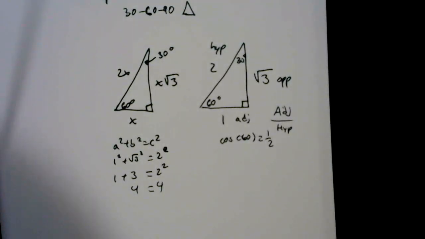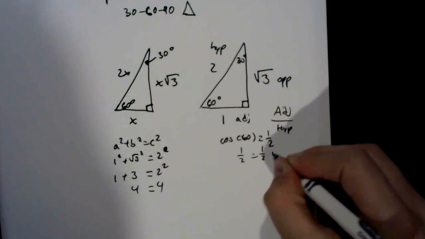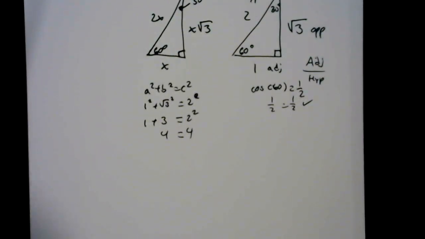So if you plug it into your calculator, make sure your calculator's in degrees, of course, cosine of 60 should equal 1/2, which it does. So that works. So that theorem works, and you can use it for any equation.